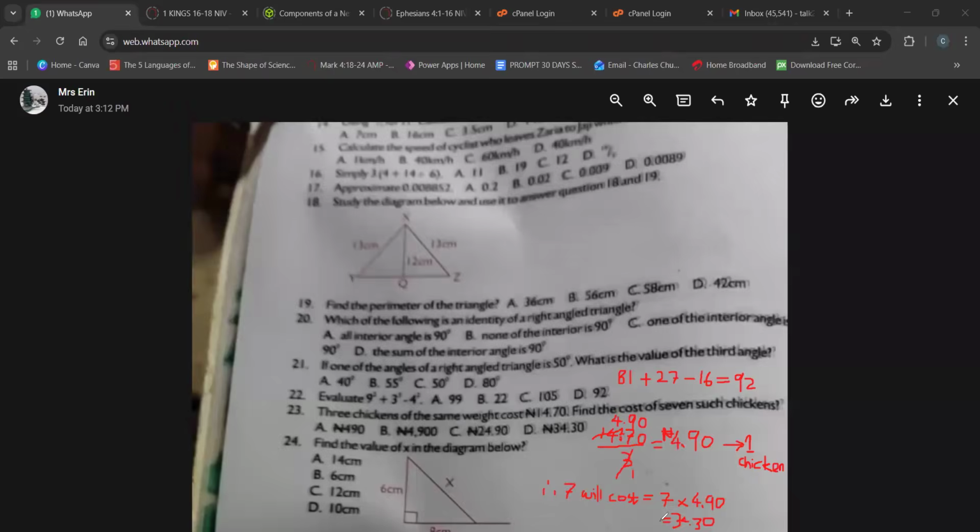How much did you say it was again? 34 naira 30 kobo. Okay, all right, I agree with you, because 28 plus 6 is 34. Okay, all right. Are we good? Yes, sir.